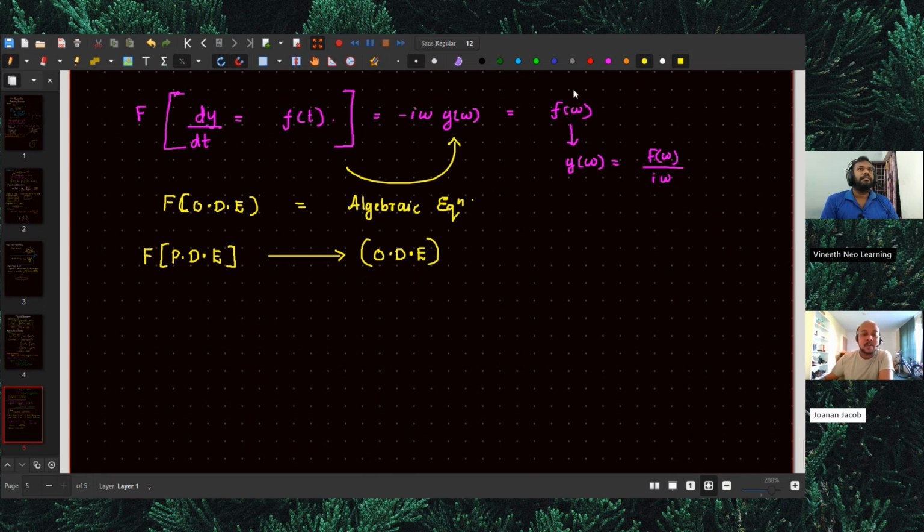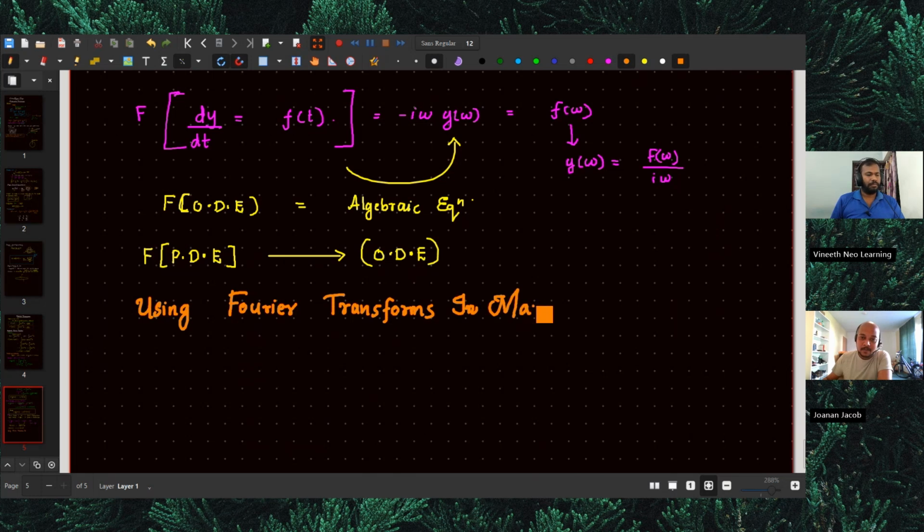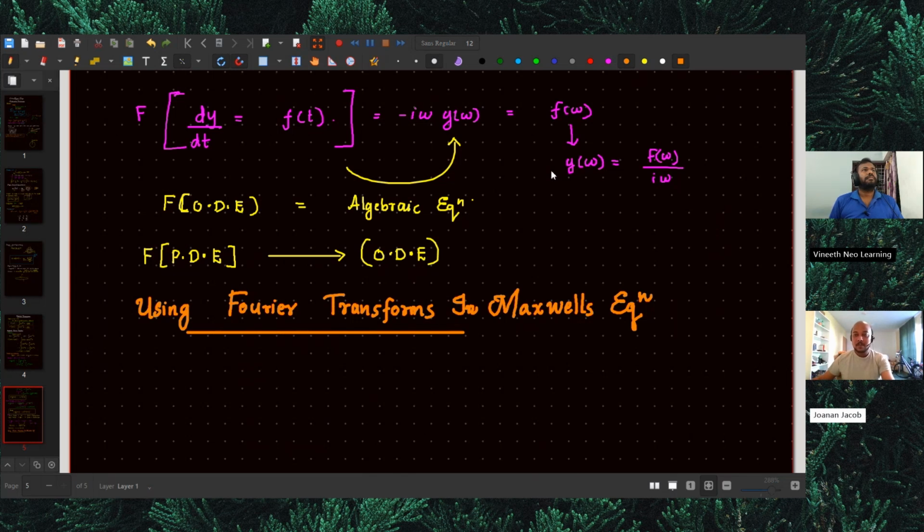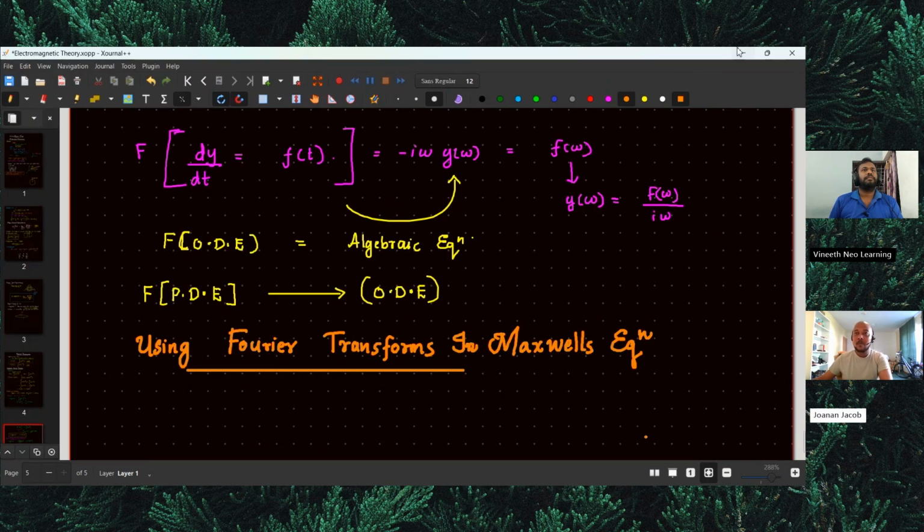Let's talk about using Fourier transforms in Maxwell's equations.